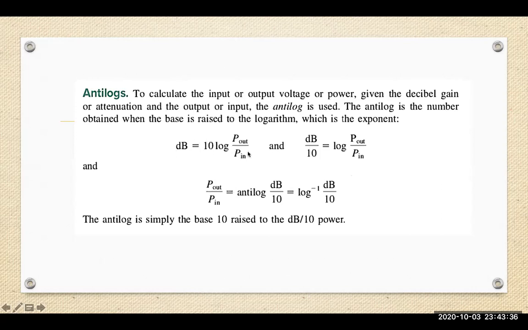Just divide both sides by 10, and then to eliminate the log, take the anti-log of both sides of the equation. So 10 raised to this log eliminates the log, and you have 10 raised to dB over 10. That's the anti-log.